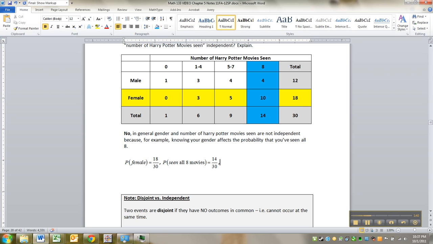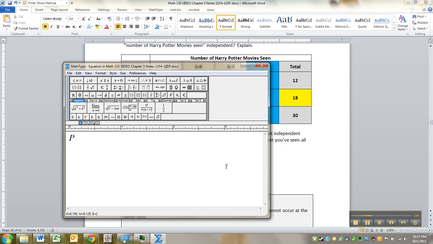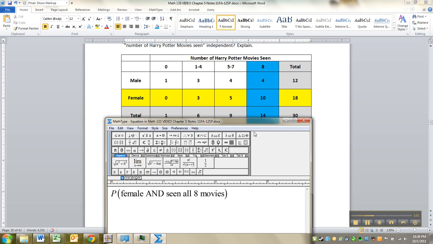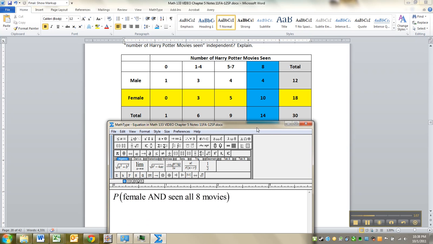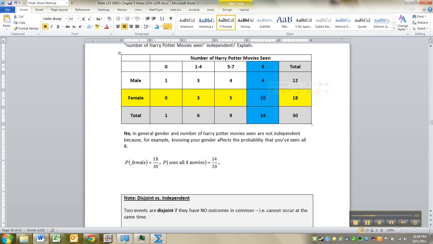Then we learned back in section 5.1, or maybe 5.2, that the probability of female and seeing all 8 movies is where the two things intersect, the row and the column. So it's 10 out of 30. There are 10 women in this class who have seen all 8 movies.